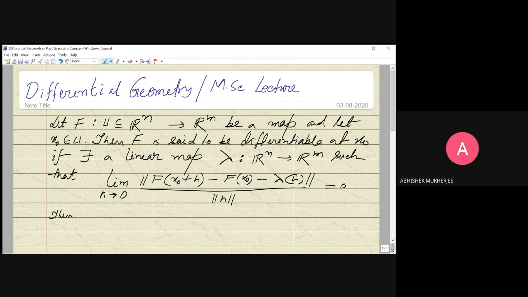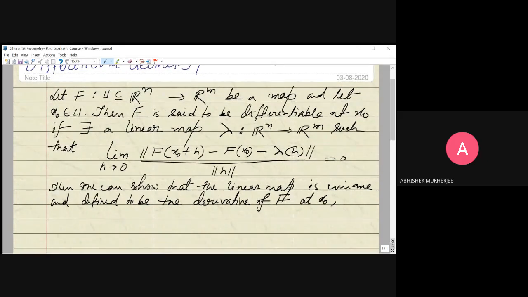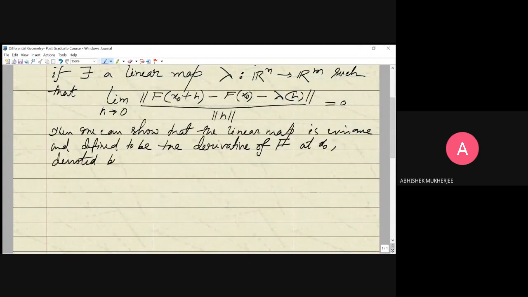And then one can show that the linear map lambda is unique and is defined to be the derivative of f at x naught, denoted by df x naught.